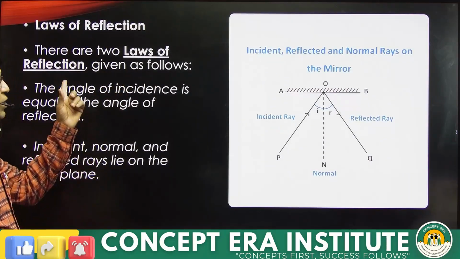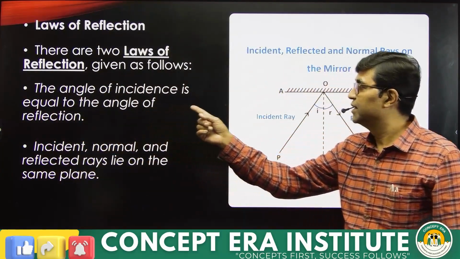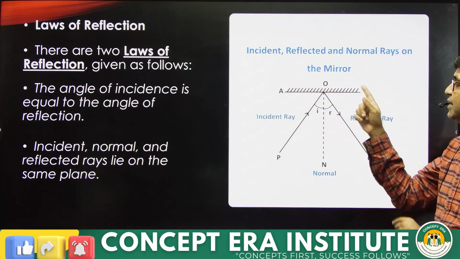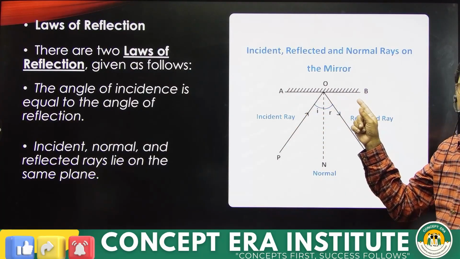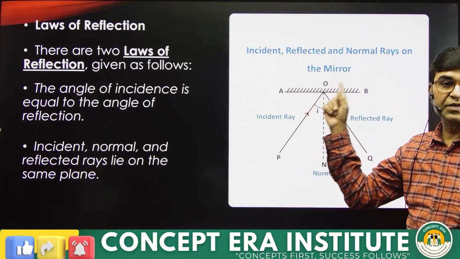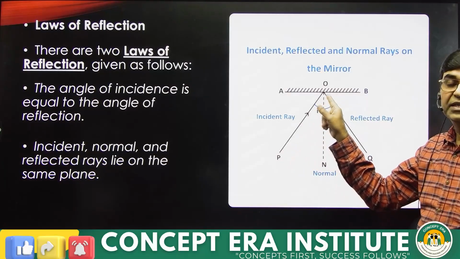Now there are two laws which govern the reflection of light. But before studying these laws, let's understand the diagram first. Here, this AB is the reflecting surface. This PO is the incident light.